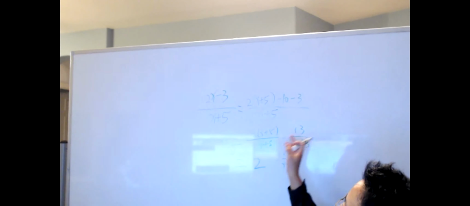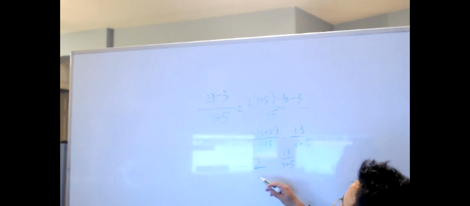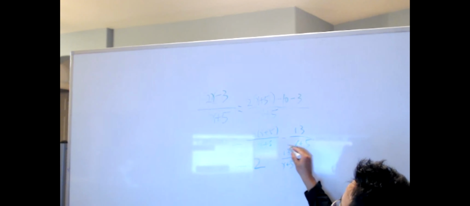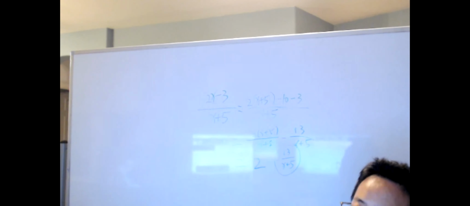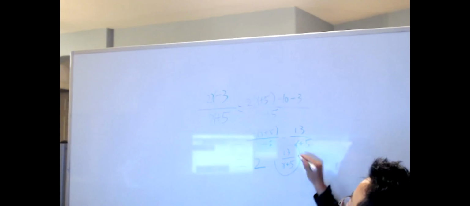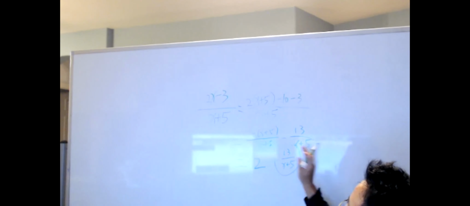So this thing can be everything, but this thing cannot be what? 13 over x plus 5 cannot be what value? 0. That's exactly right. You can make this equal to everything, but except for 0.